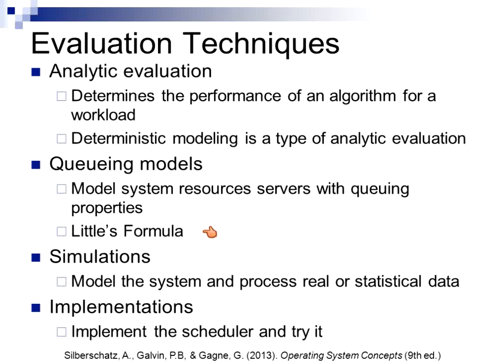If you know the queue length and the arrival rate, and here we're talking averages, you could compute the average wait. Or if you know the wait and the queue length, you could compute the average arrival time. So if you have two of the things in Little's formula that you come up with by doing these queuing models, you can use those two to compute the third variable.